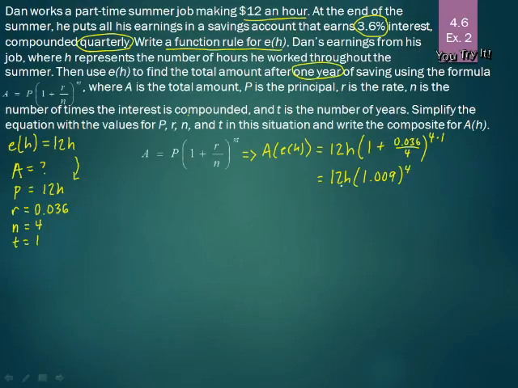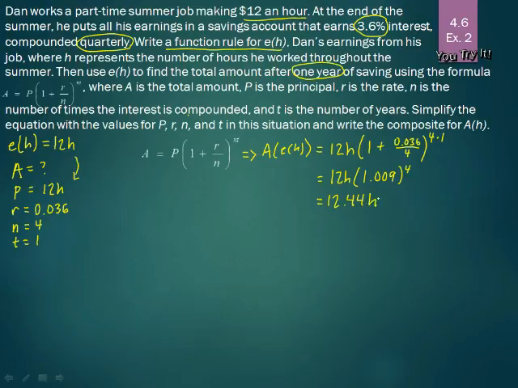Now, putting this in the calculator, 1 and 9 thousandths to the fourth is just a long decimal, 1.036488 and it keeps going. And when we multiply that by 12, we get 12.43786, and it goes on for a while. So we'll go ahead and round it to the hundredth, and that'll be 12 and 44 hundredths.